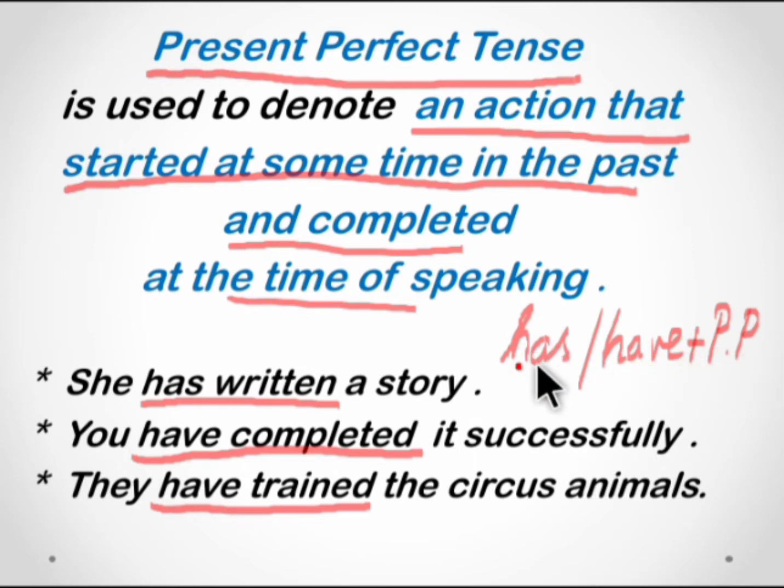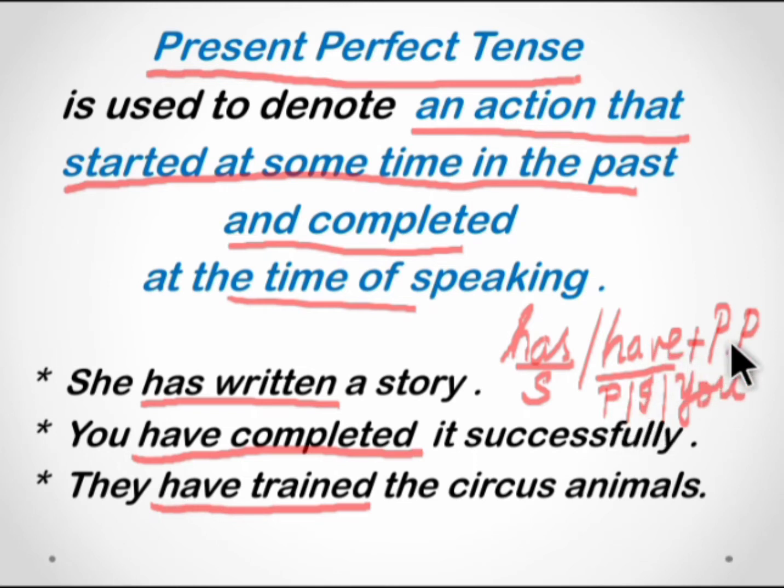Has is used for singular subject and have is used for plural subject, and I is considered as plural, and you is also considered as plural. So has we use for singular subject, have we use for plural subject, and for I and for you.